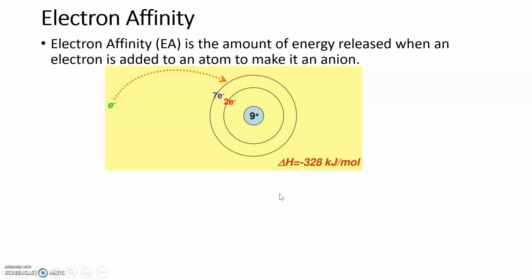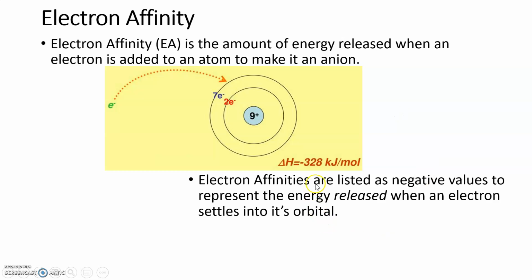All right, next up we'll take a look at electron affinity. So affinity means love. So electron affinity is a measure of how much energy is released when an electron is added to an atom. So how much do atoms love to gain electrons? You'll notice that the numbers here are all negative values.